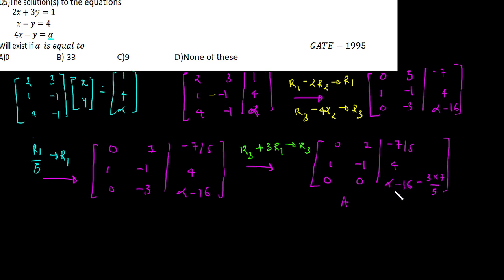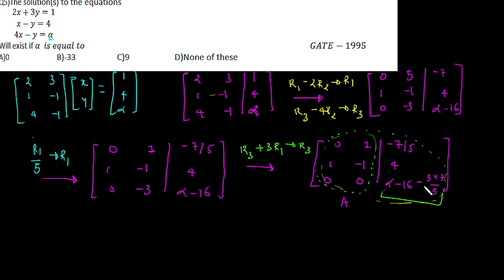If this entry, the last entry, I'm talking about this entry, is 0, then the rank of this matrix and the rank of this whole augmented matrix will be exactly the same. So we have to make this entry equal to 0 to find the solution for this system.